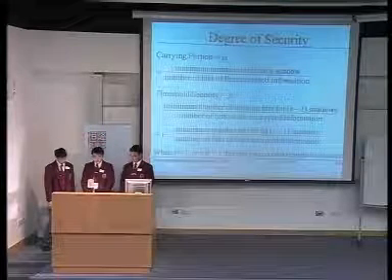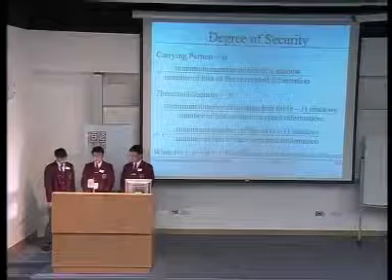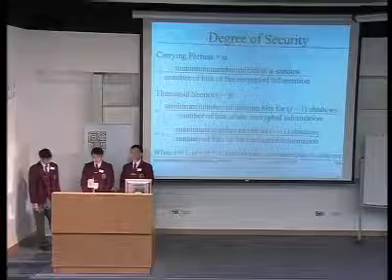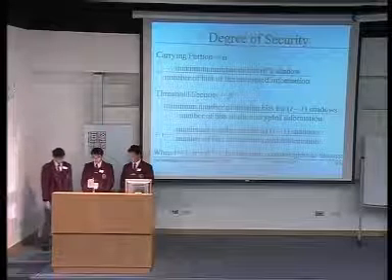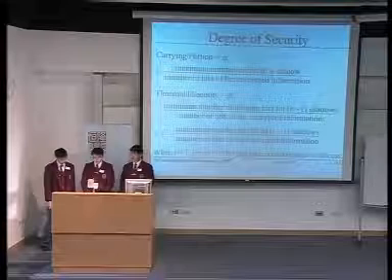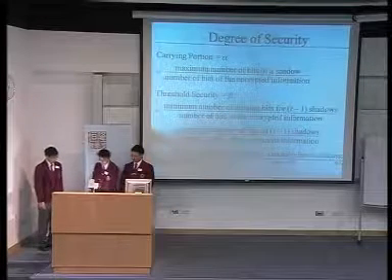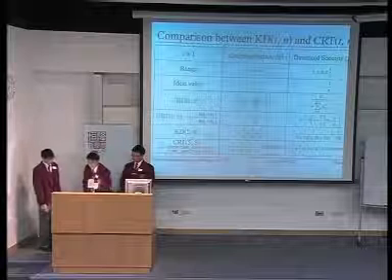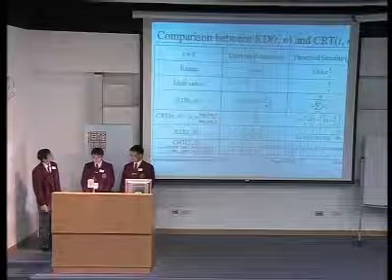Alpha measures the maximum possessions of a shadow, and beta measures the minimum missing for t-1 shadows. When the case t equals 1, this is meaningless to discuss. We compared KD and CRT scheme.